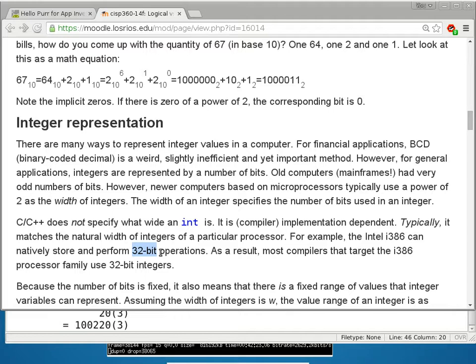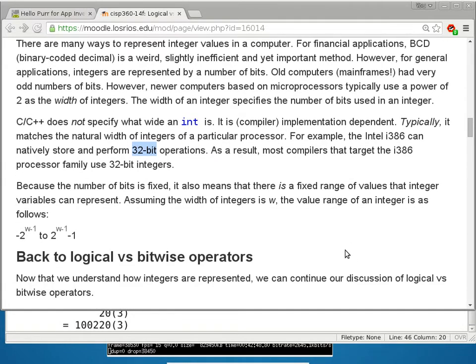With a 64-bit processor, which is more common these days than not, it can add a 64-bit number to another 64-bit number in one clock cycle. That's why it's called the natural width of the processor. Are there any questions at this point? Okay. If there are no questions, we're going to move on.